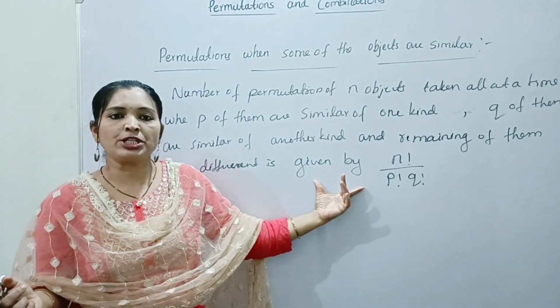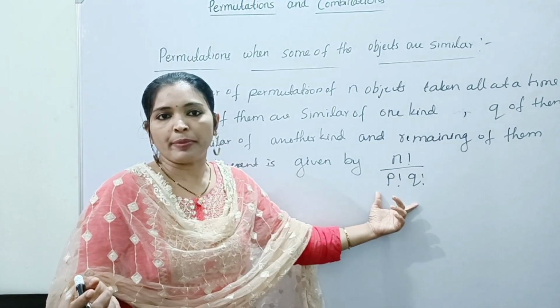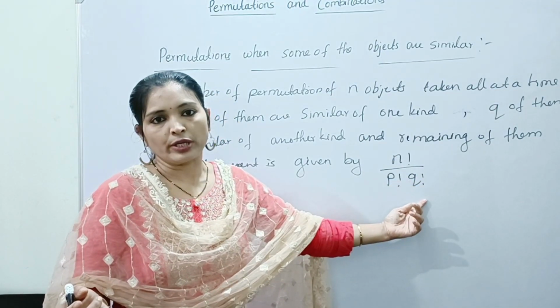Then the number of permutations is n factorial divided by p factorial into q factorial.